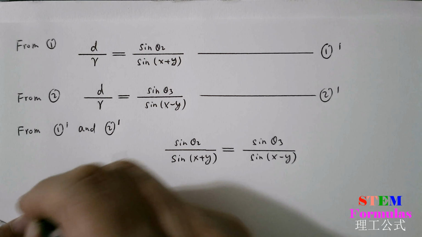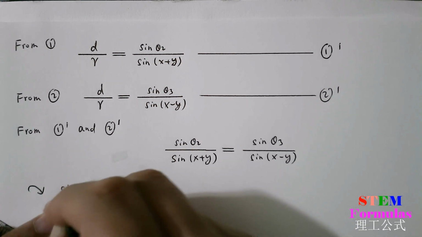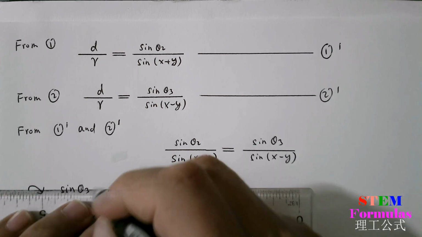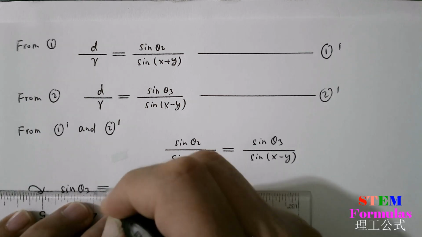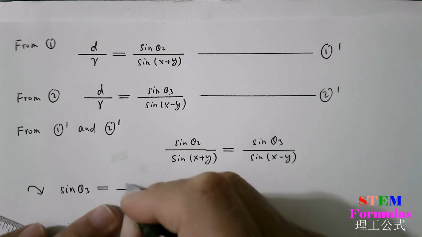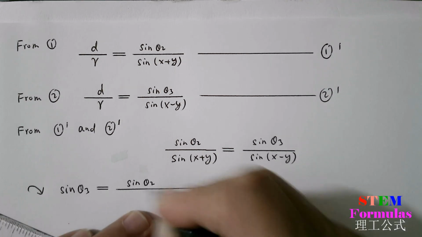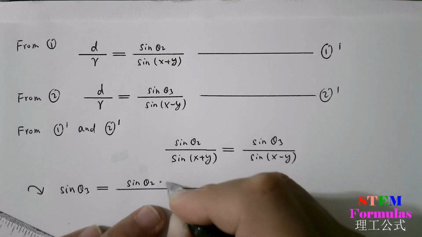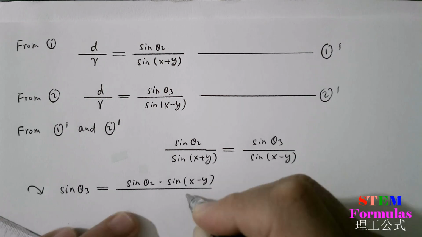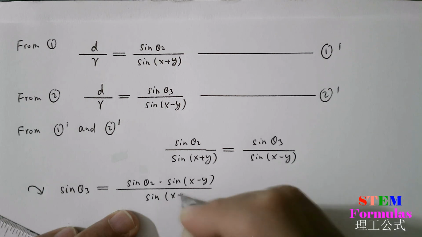Therefore, sine theta 3 equal sine theta 2 times sine x minus y divided by sine x plus y.